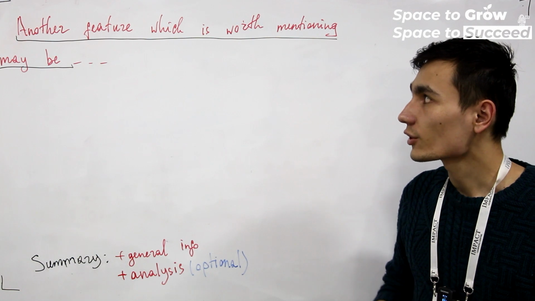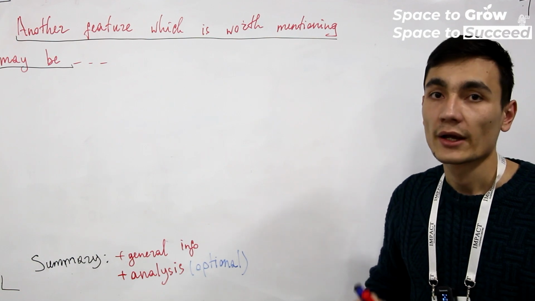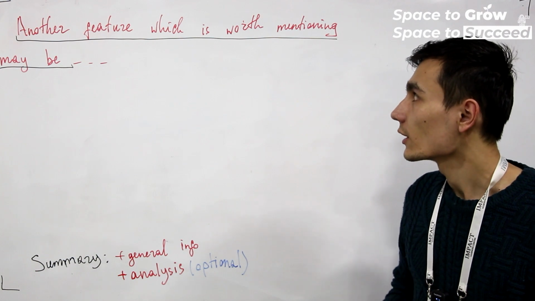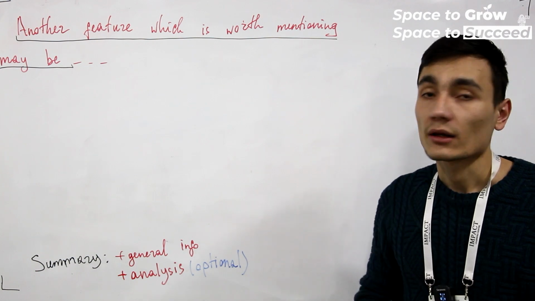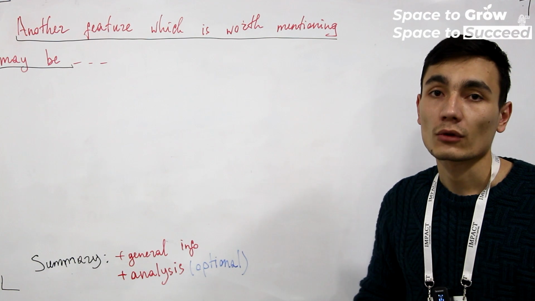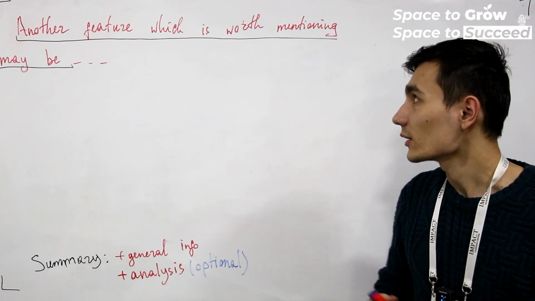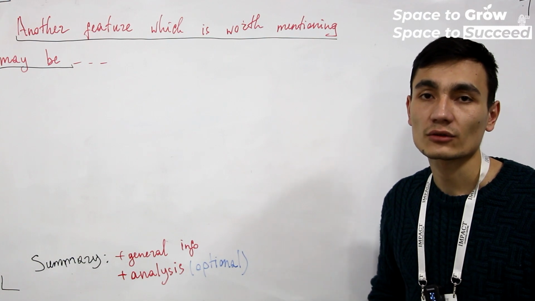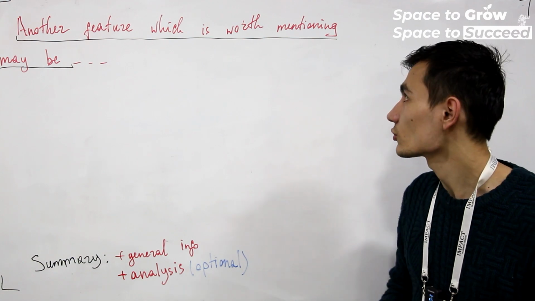Here we said another feature, meaning another characteristic, another quality, or another point, which is worth mentioning. And here we used a relative clause, which guarantees that you're going to get a higher grammatical range and accuracy score.